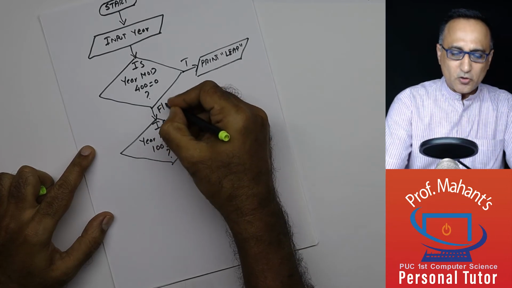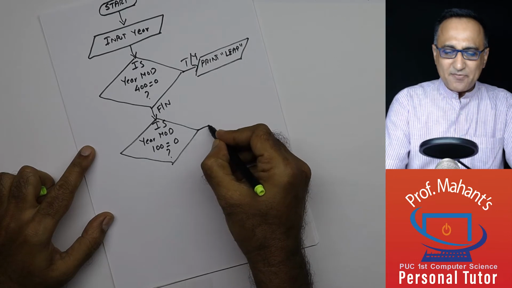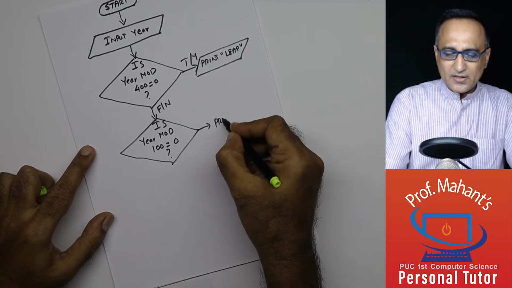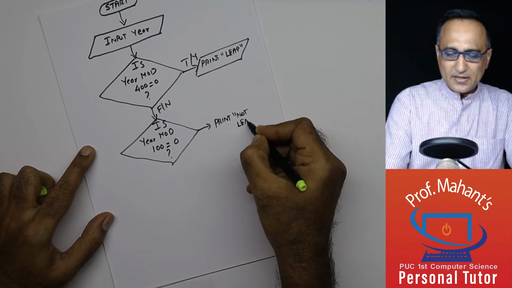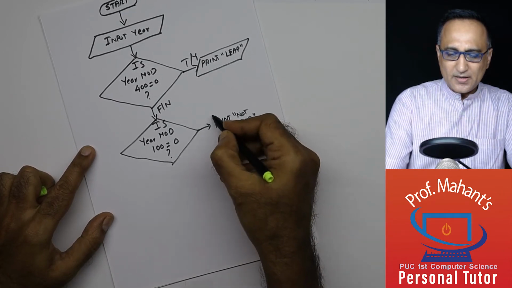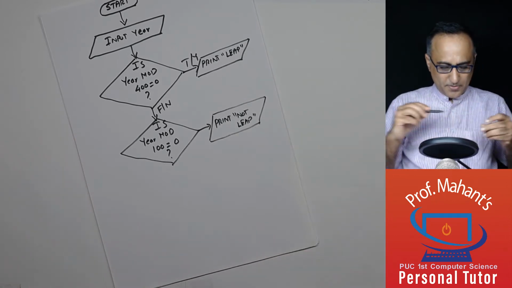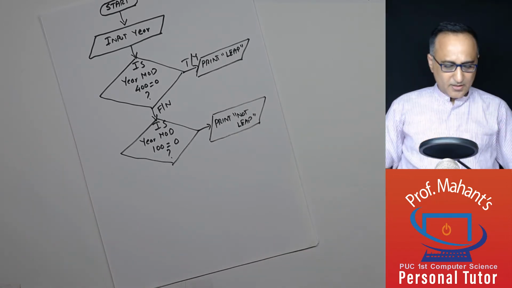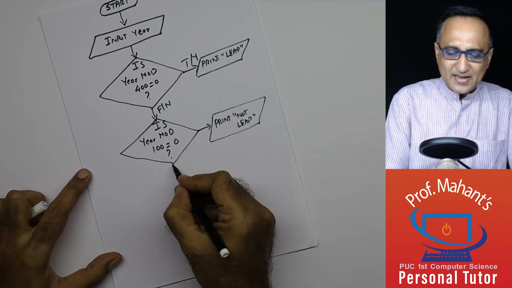This is false or no. This is true or yes. In this case, I am very clear. This fellow is not a leap year. So I'm going to say not leap. Let me change the pen. It's a little lighter. So print not leap. I'm leaving this hanging again.